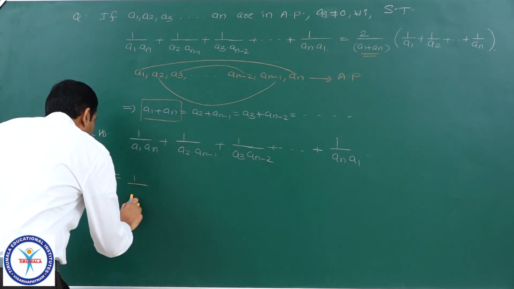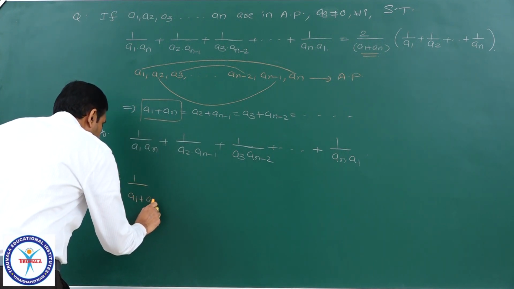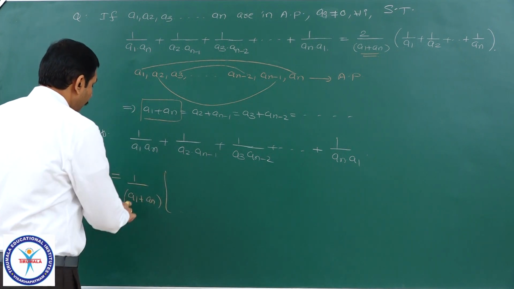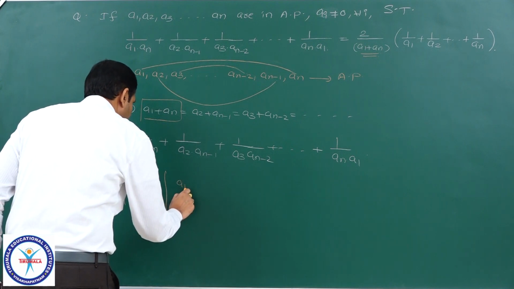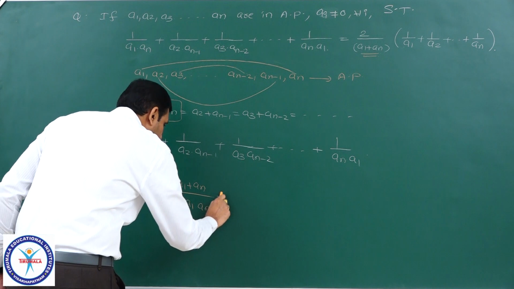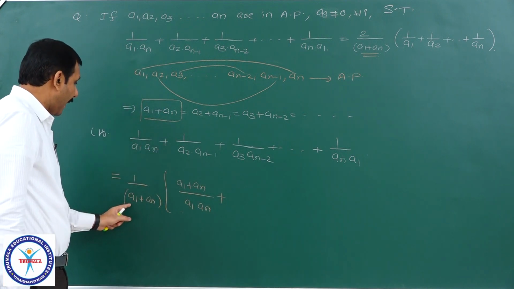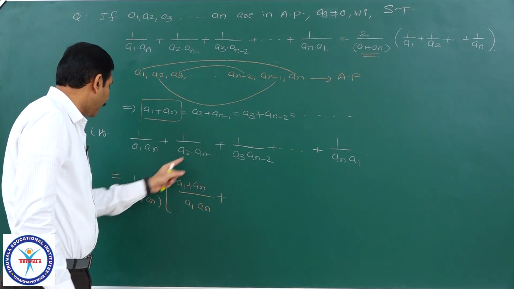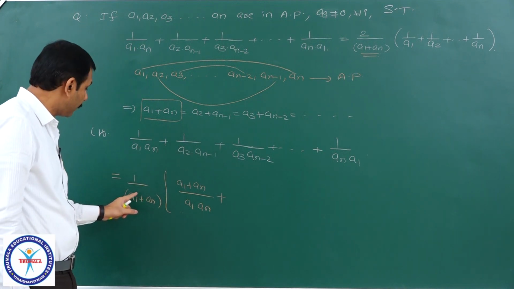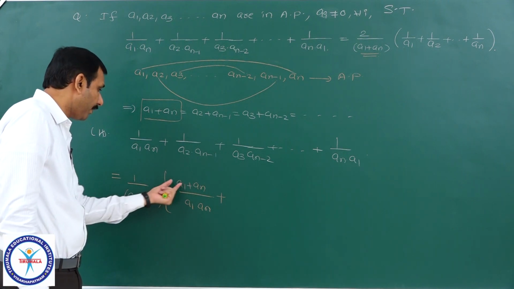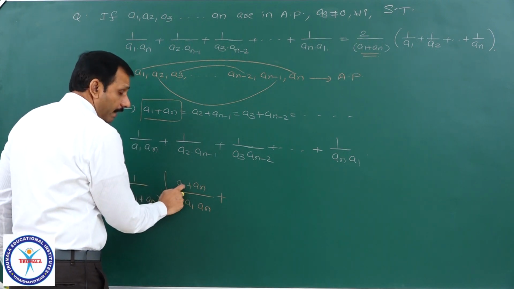Therefore, now 1 by a1 plus an, I will divide and multiply with the same term only. For the first term I will write a1 plus an by a1 into an. Then the second term: in fact, I have to write a1 plus an only. That is, I am multiplying and dividing with a1 plus an. Here in the numerator I have written a1 plus an.